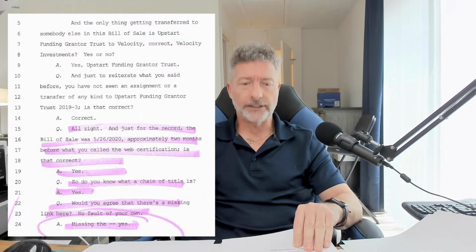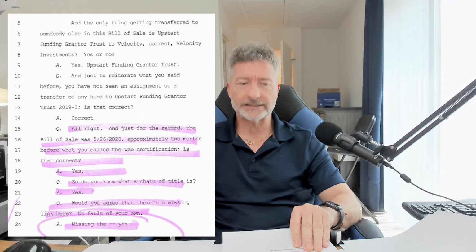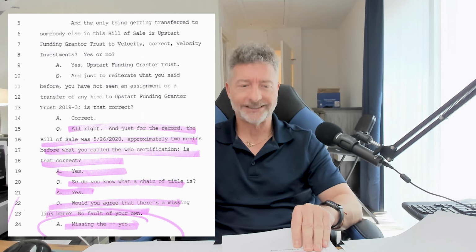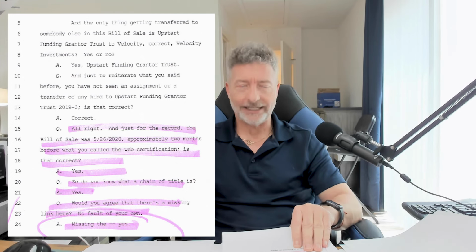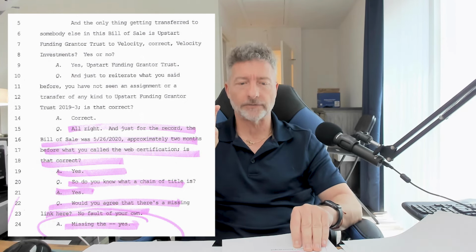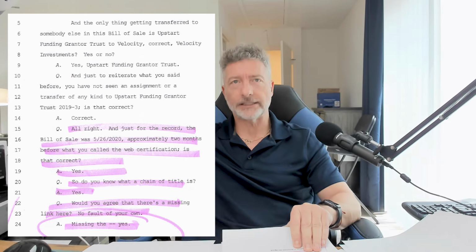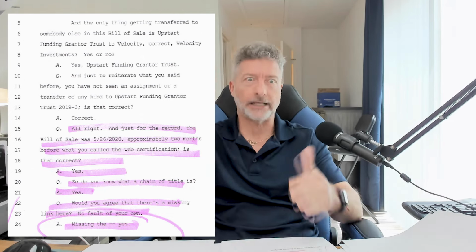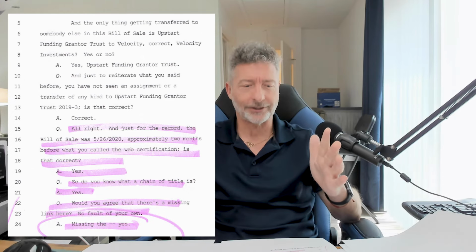So the only thing getting transferred to somebody else in this bill of sale is Upstart Grantor Trust to Velocity, correct? Velocity Investments. Yes or no? Yes, Upstart Funding Grantor Trust. And just to reiterate, that's what she says. You said before you have not seen an assignment of a transfer of anything to Upstart Funding Grantor Trust 2019-3, correct? She says correct. That's 7 things now, and it's probably more.